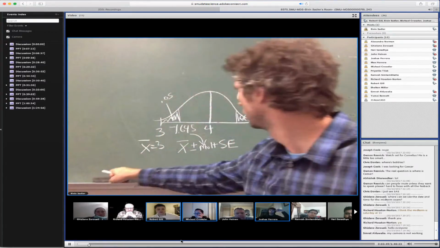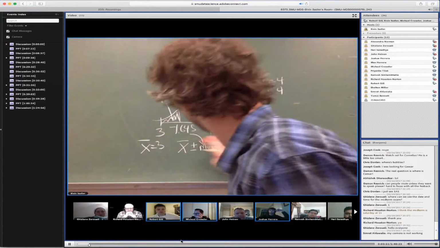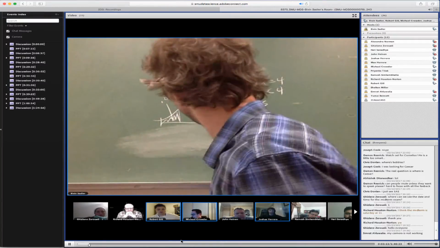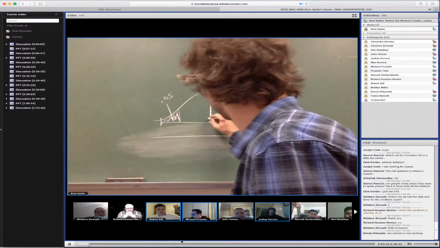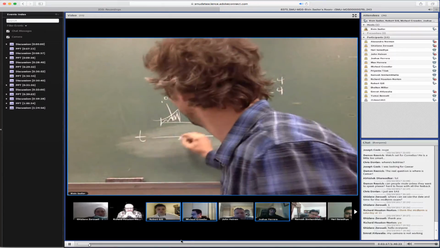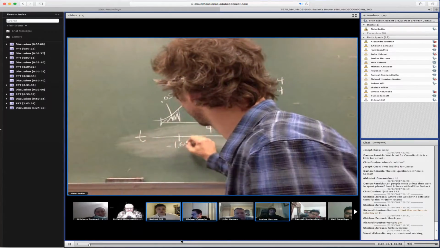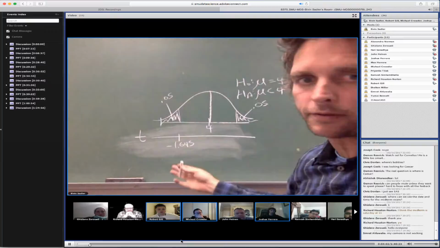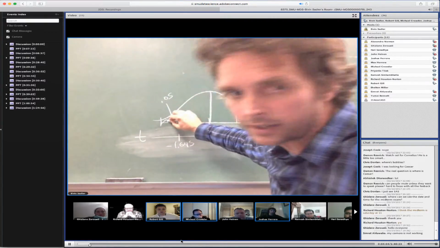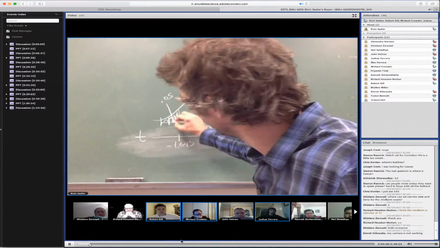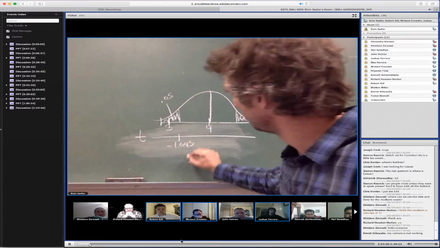Let me do this all over again. Let's write this the way it should be. So this is 4. This is t. This number here is negative 1.645. And let's say for whatever reason, based on the standard deviation, this right here was 3, and that was my x bar. So x bar equals 3.